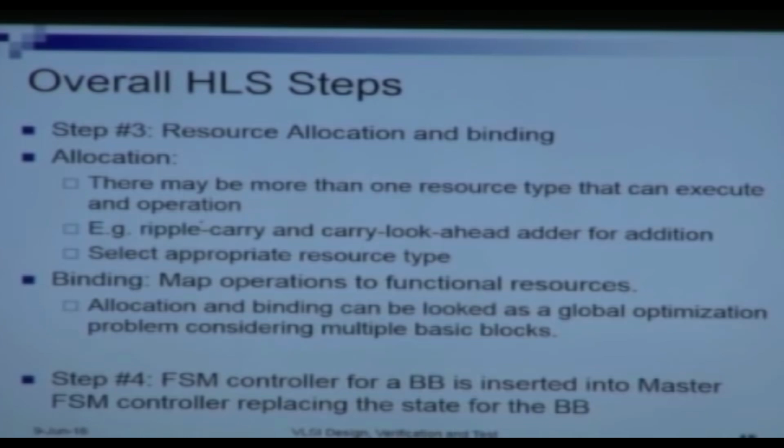For example, a ripple carry adder and a carry look ahead adder can both do addition. So the same addition operation can be done by the ripple carry adder and the carry look ahead adder. So we have to select the resource type through this aspect of allocation.